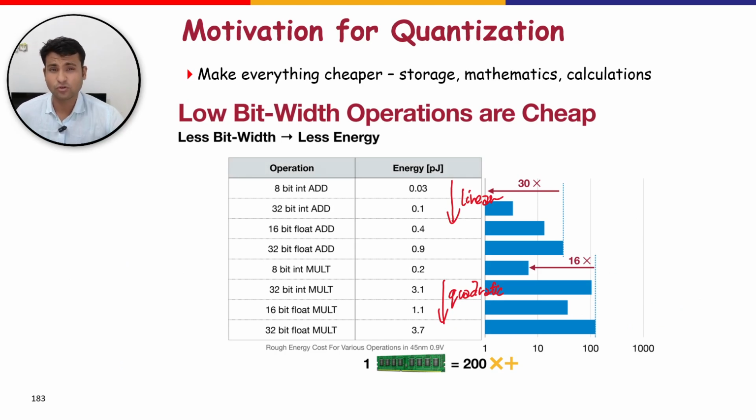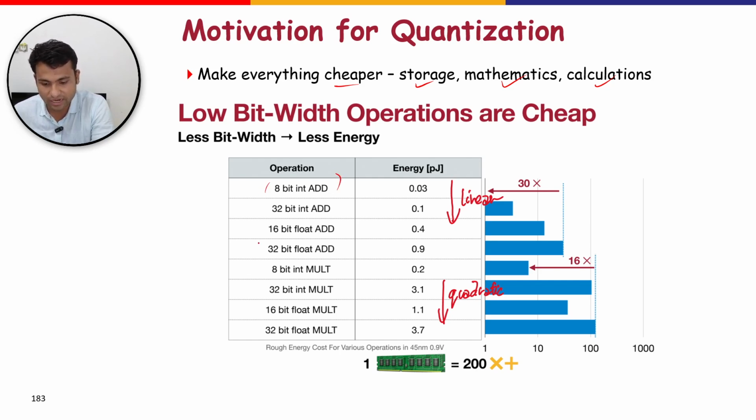So the motivation for quantization is the same as anything: make everything cheaper, which includes your storage and the number of calculations and mathematics that you have to perform. Just try to observe that low bit width operations are cheap.